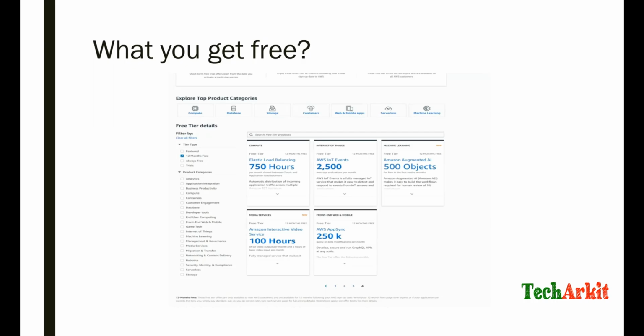IoT platform and elastic load balancing, and AWS AppSync. Amazon Interactive Video Service. So there are so many other services you'll get for free whenever you are creating the AWS free tier account. You can use that account to practice yourself and get familiar with the AWS cloud.